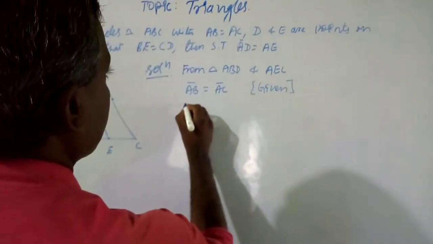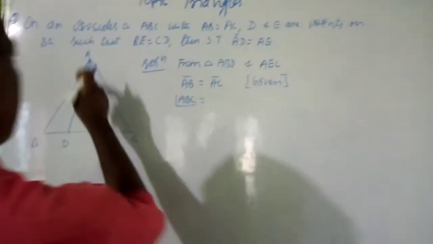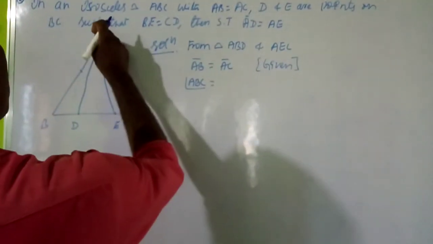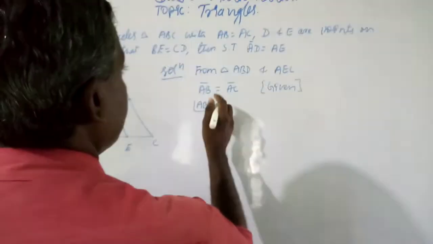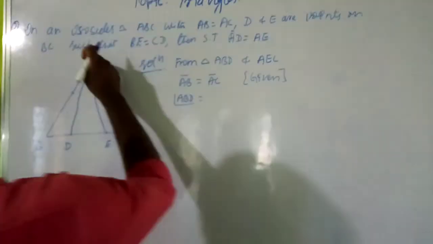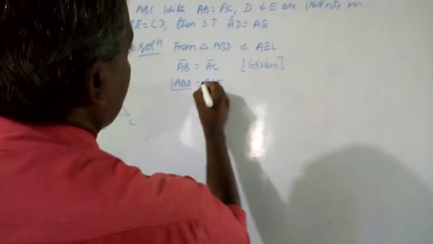So next, angle ABC, it means angle ABD is equal to angle ACE. Why is it equal, dear students?